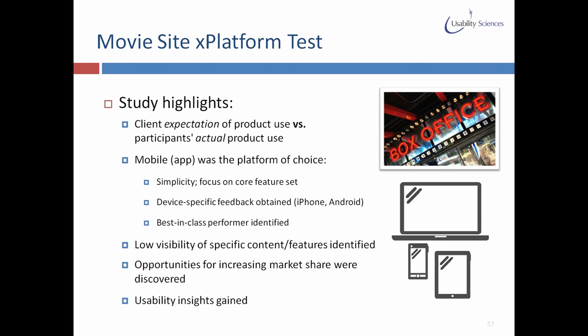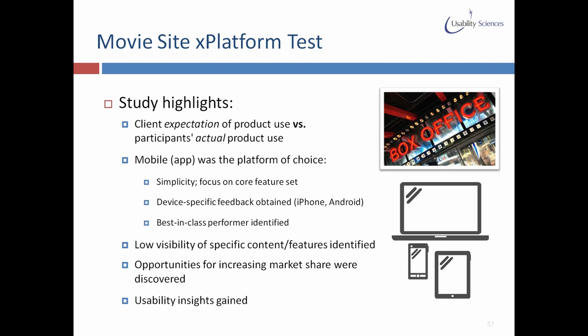We also uncovered some preferences in terms of which platform users wanted to use. Oftentimes this was the mobile app. And in looking at that, we also identified between iPhone and Android which one provided a better experience. There were also, as I mentioned a moment ago, some specific features or content the client was really hoping users would uncover.